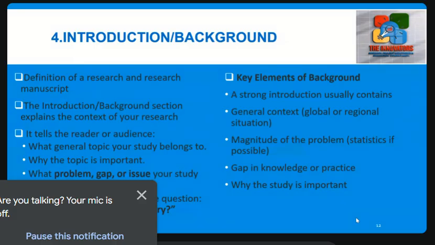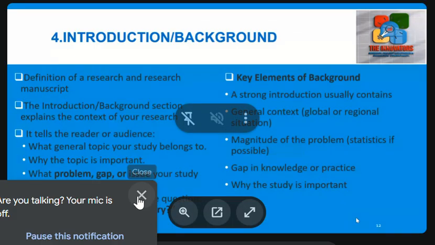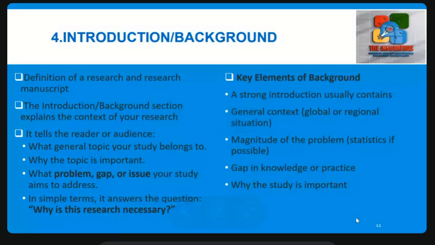It tells the reader what general topic your study belongs to, why this topic is important, what the problem is, what the gap is, and what key issues your study aims to address. In simple terms, it answers the question why this research or document is necessary or important to be published.